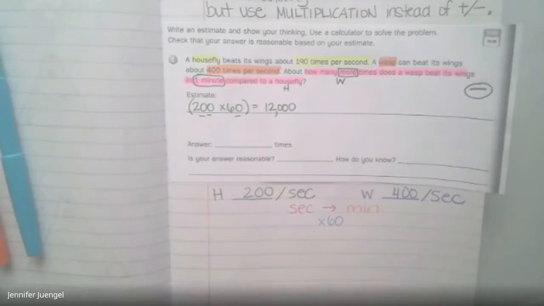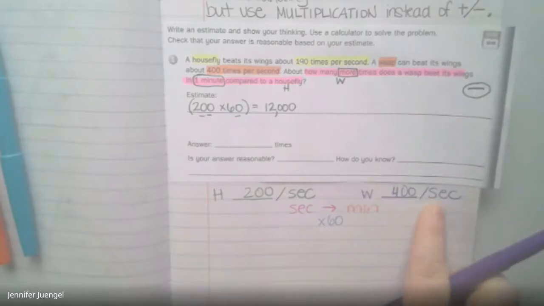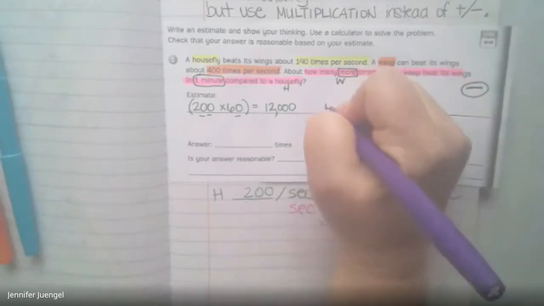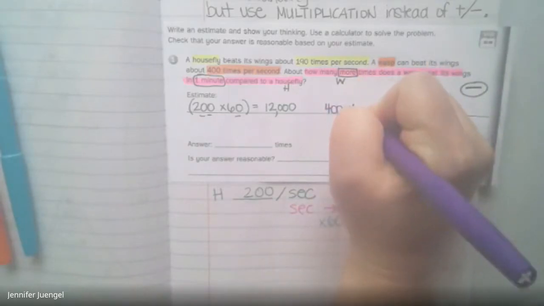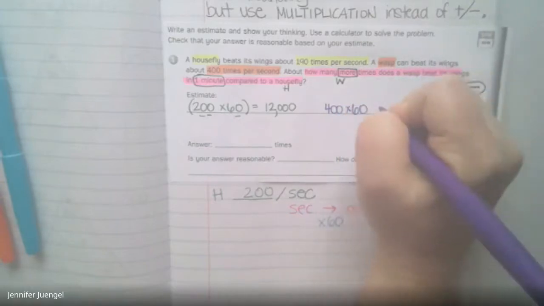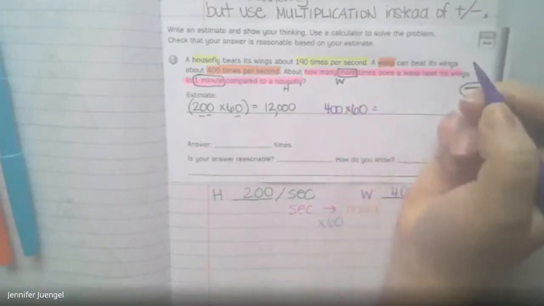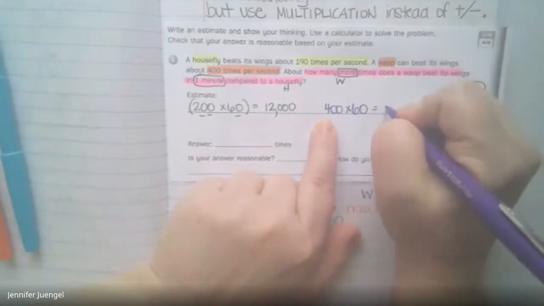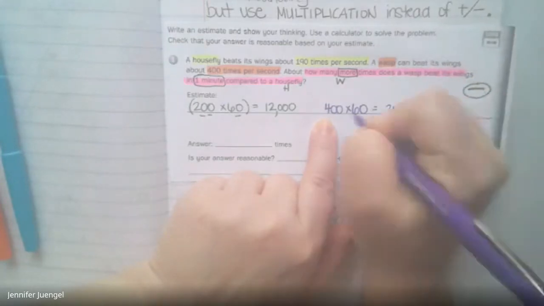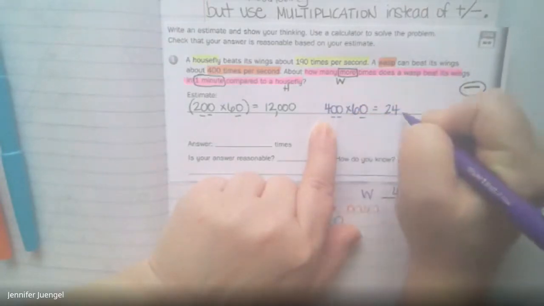Now let's do the wasp. He beats his wings 400 times per second, and there are 60 seconds in 1 minute. So I can do 400 times 60 for the wasp. And I'm going to use what I remember about yesterday. 4 times 6 is 24. And there are 1, 2, 3 zeros.